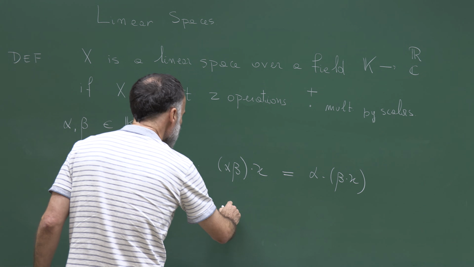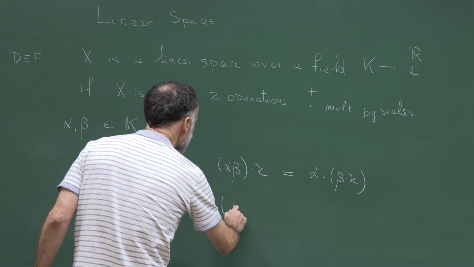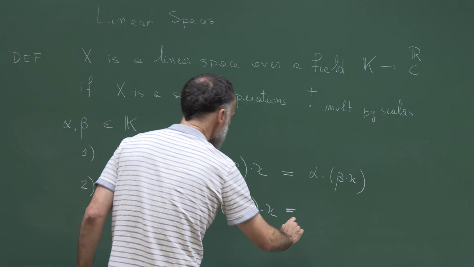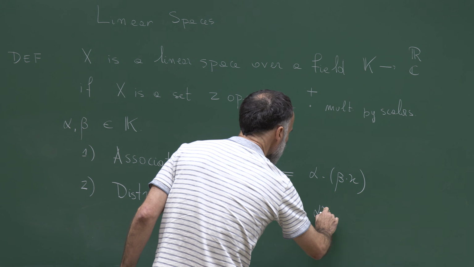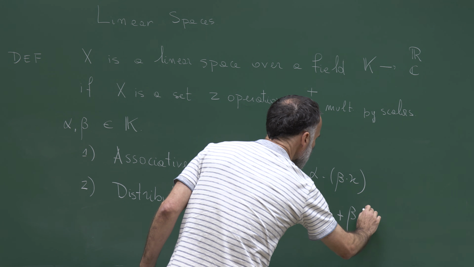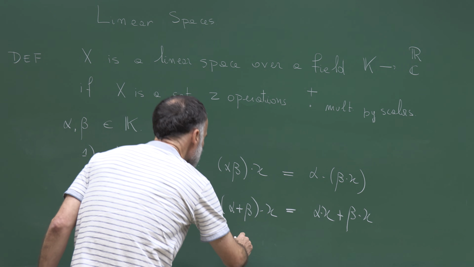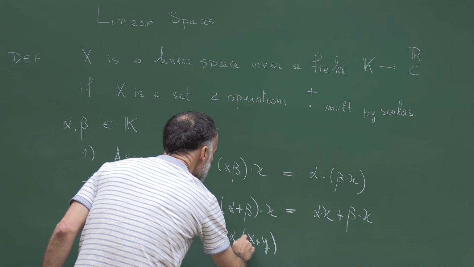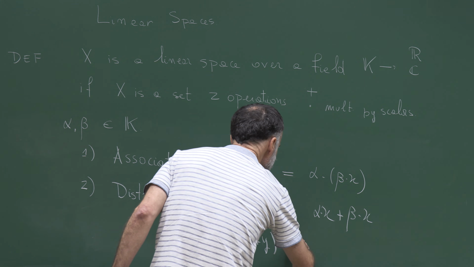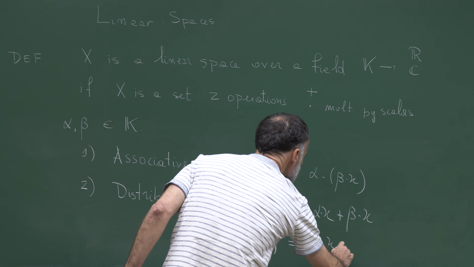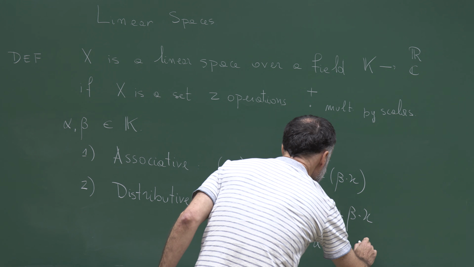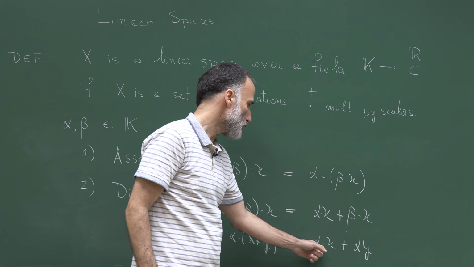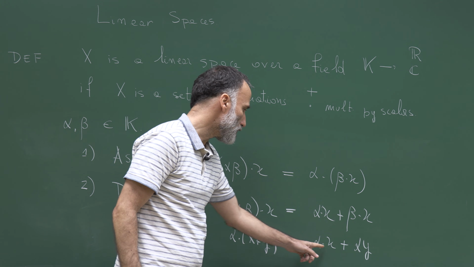And this means that if I consider alpha plus beta times x, this is equal to alpha times x plus beta times x. Or if I take alpha times the element x plus y, this is also equal to alpha times x plus alpha times y. And I will almost always forget about the dot.